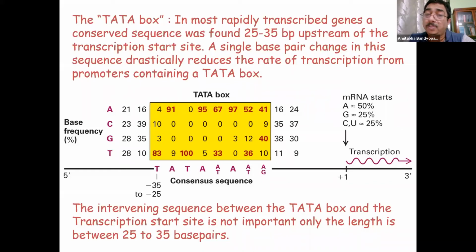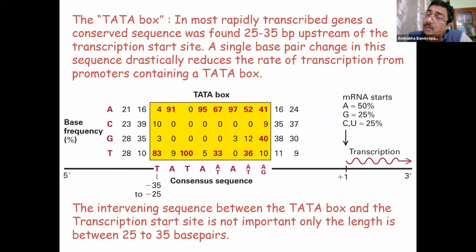The fourth base, being an A, is correct for 95% cases. So you see that the promoter sequence, the TATA box, which is roughly 25 to 35 nucleotides away from the transcription start site, is more or less invariant. It's the same sequence for every gene.